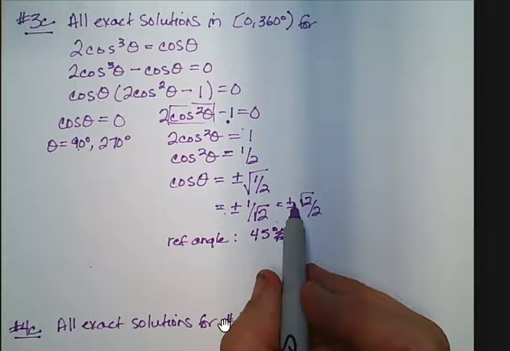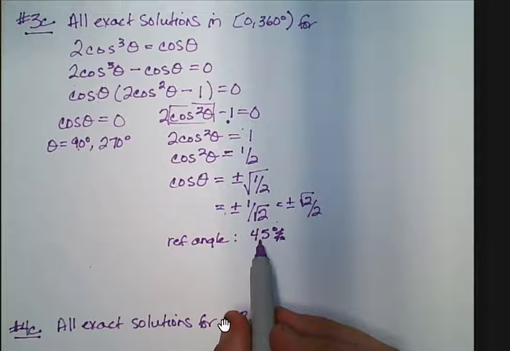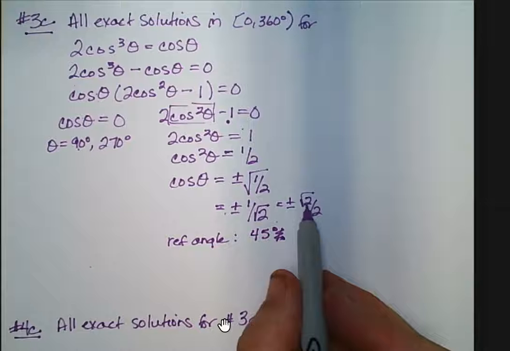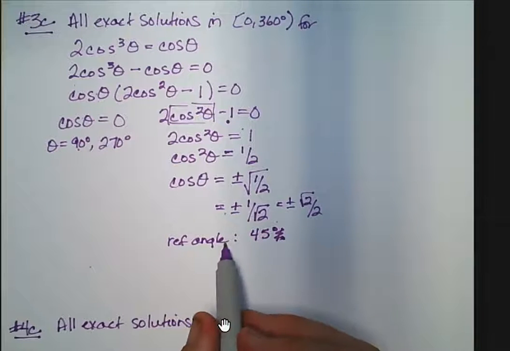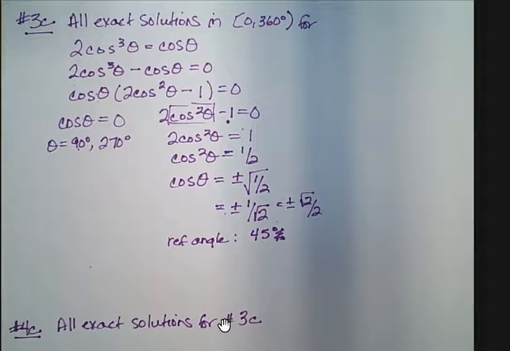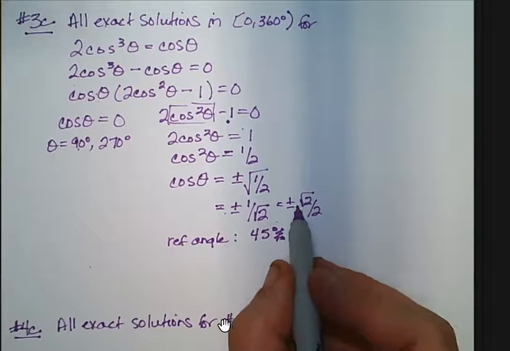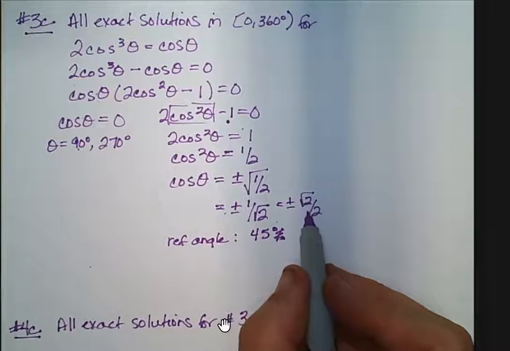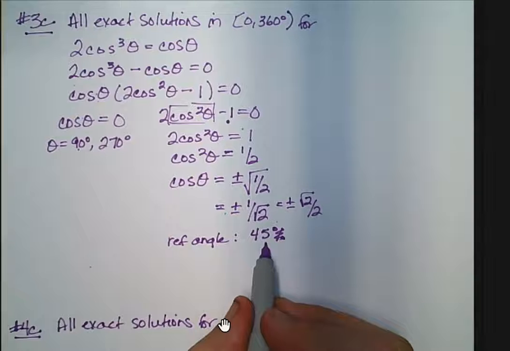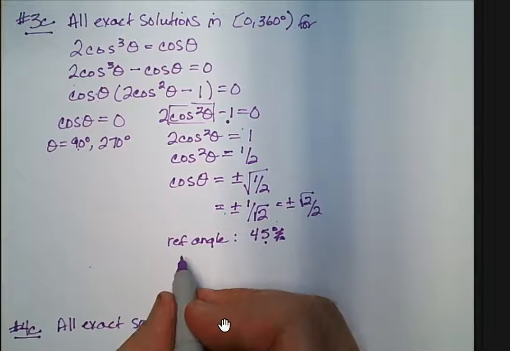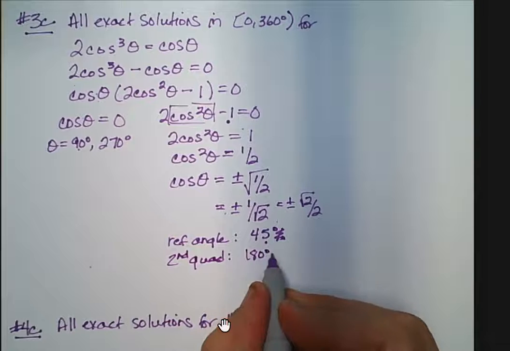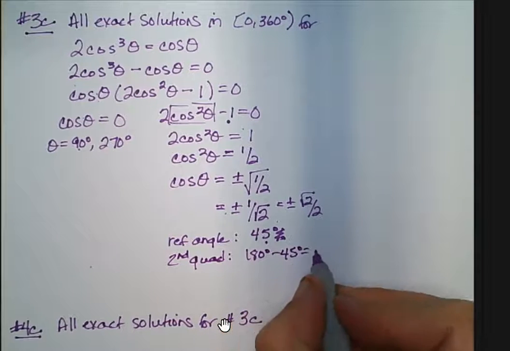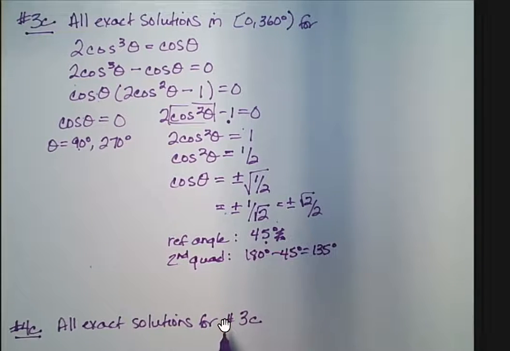Since we want this to either be positive or negative, that means that we want to find the angle in each of the 4 quadrants that would have this value. Here's our first quadrant angle, so we're going to find the angles in the second, third, and fourth quadrants. Some of those will be negative, some will be positive, but we want all 4 of them. To get our second quadrant angle, we take 180 degrees minus this, which is 135.